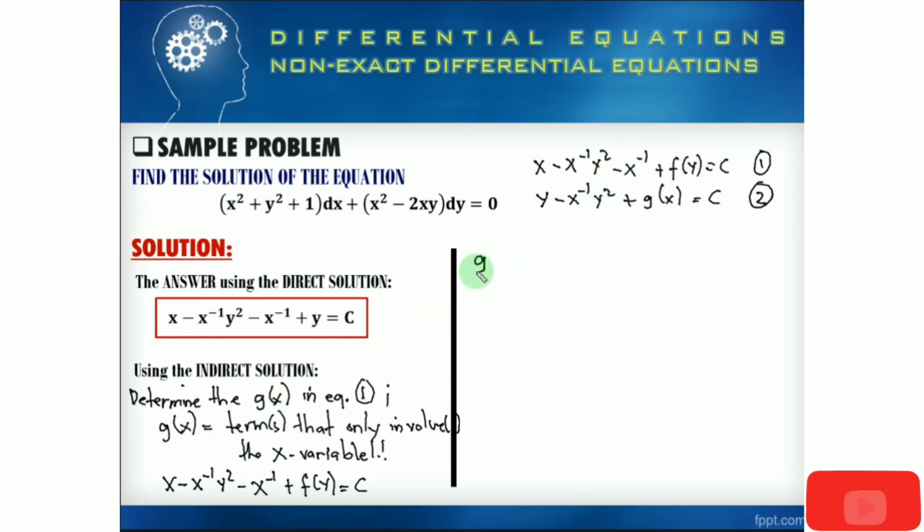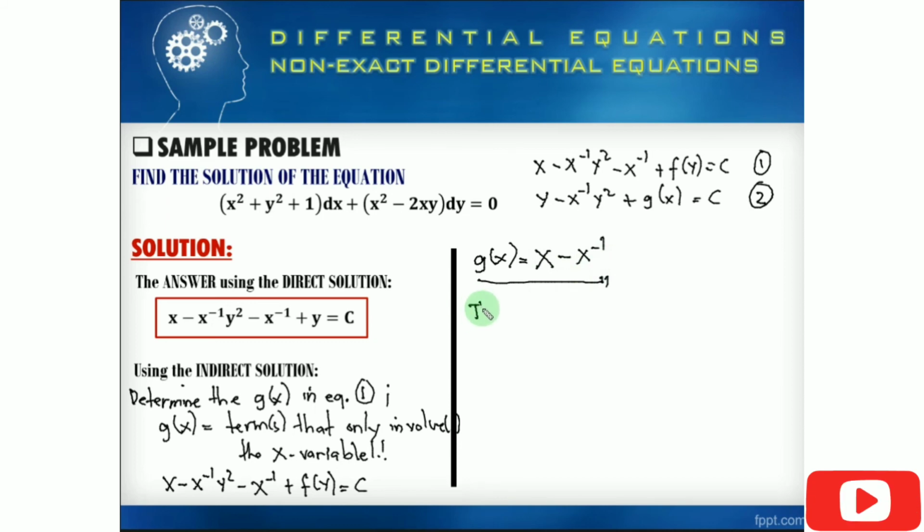Our j as a function of x is just equal to x. The second term, x and y, is not being considered. Also this one, so only the x variable: minus x raised to the negative 1. And f as a function of y has no variable x, also as on the right side of this equation. So we can say that our j as a function of x is just equal to x minus x raised to the negative 1.